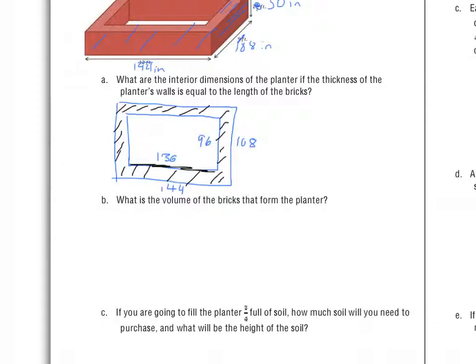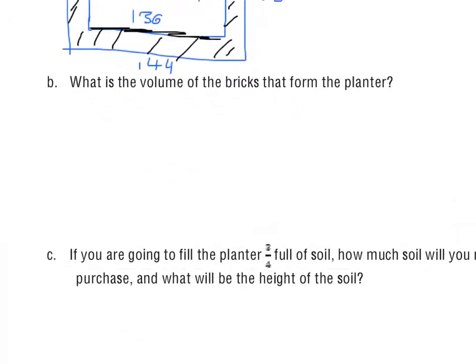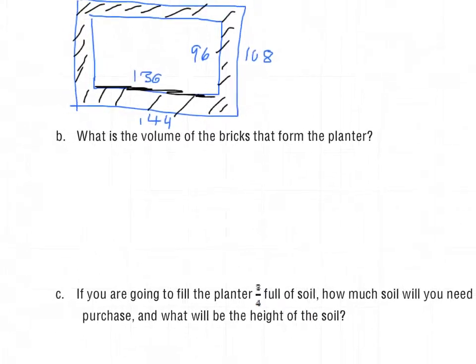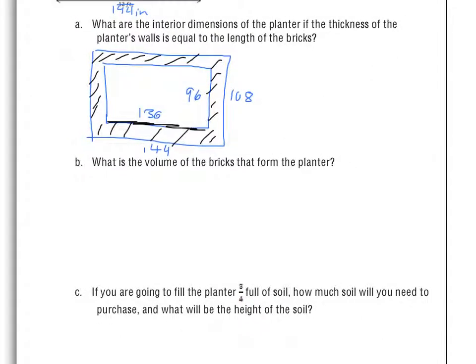Find the volume of what would be the outer box that we started with, and then subtract away the inner box. So if we do it this way, the volume of the outer is equal to the area of the base times the height.